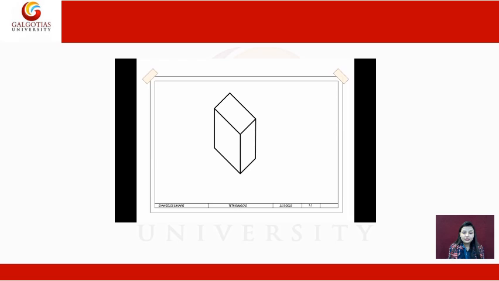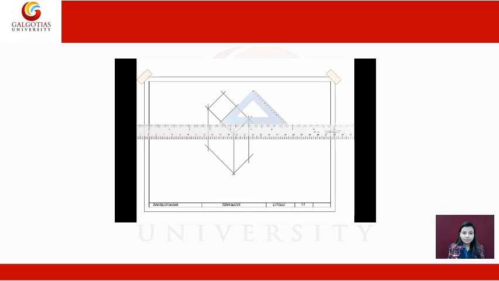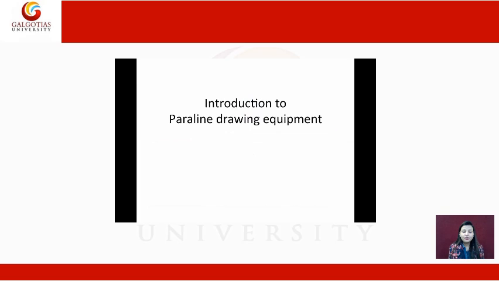So you can see how these set squares make all 45-degree lines. So this is the final product arrived at with the use of set square, parallel bar, and pencil, T-square or parallel bar.